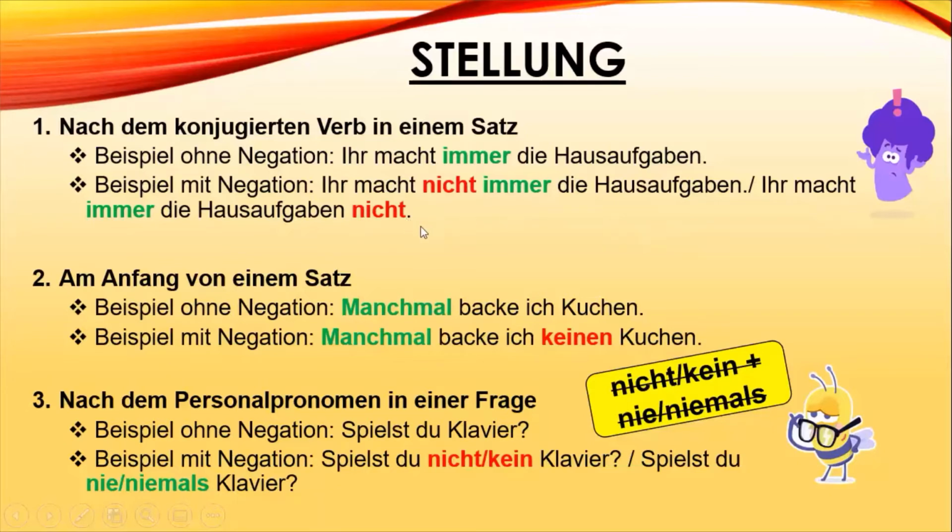So it means that they will be playing, maybe they will be fighting, etc., but they will not be doing the homework. In the first sentence, it means that they don't always do the homework, but they still sometimes do the homework.